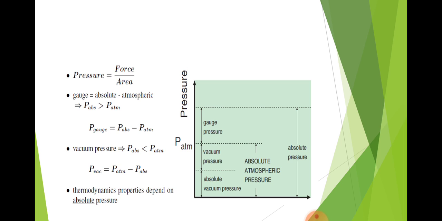Now onwards, gauges measuring pressure less than atmospheric pressure are called vacuum gauges. As I earlier said, vacuum means the absence of the pressure. So the gauges measuring pressure less than the atmospheric pressure are called vacuum gauges. The principle of working of pressure gauges is the same.